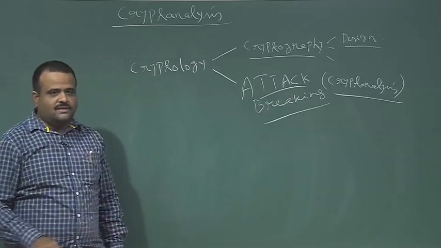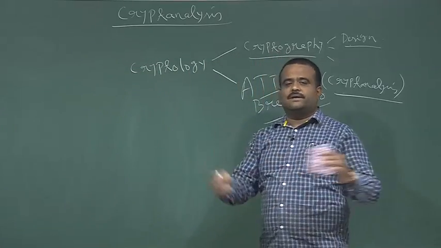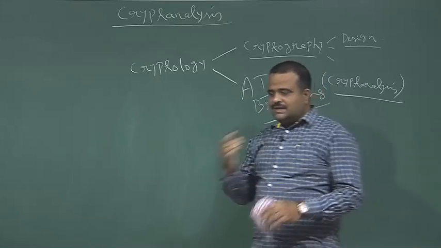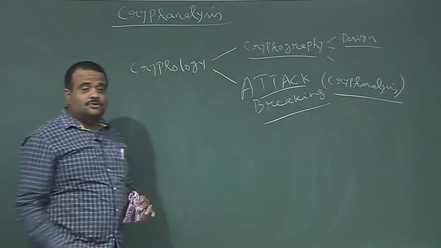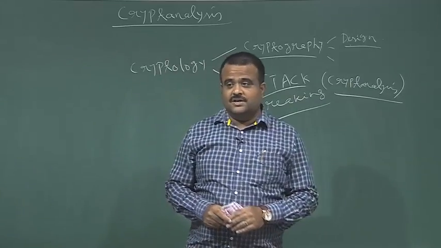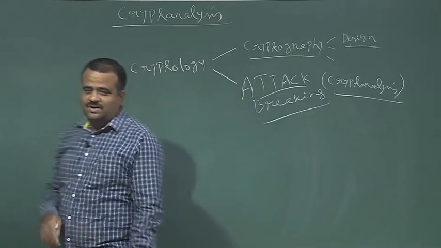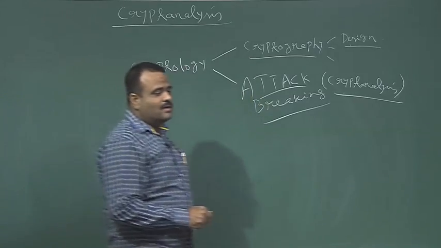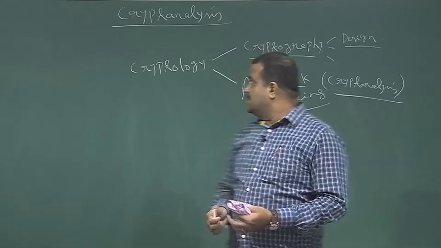How can we break the code, how can we guess the key or the message sent between Alice and Bob. All this type of job is done in this area, cryptanalysis, and the person who is doing this is called a cryptanalyst, and that is named Oscar. That is the traditional name we use to denote an attacker, Oscar.